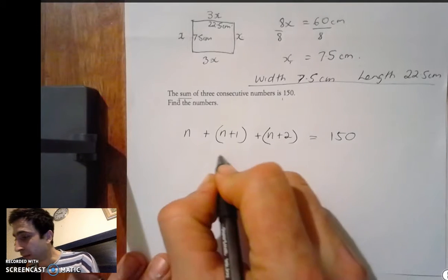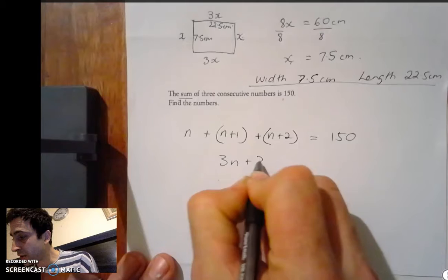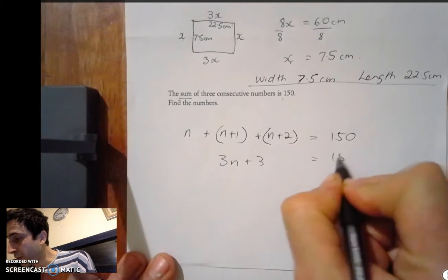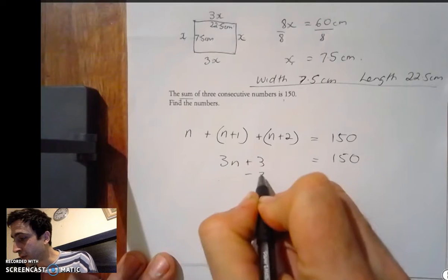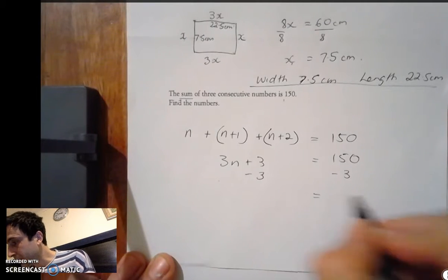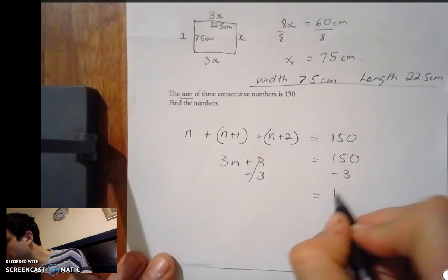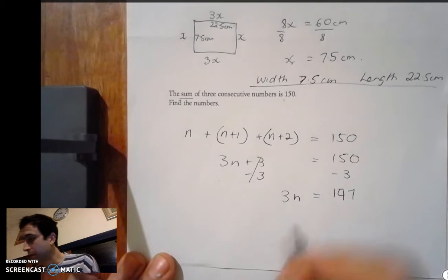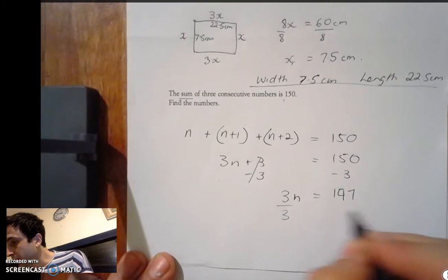And so that means 3n plus 3 equals 150. So I'll take 3, take 3, they cancel out. 147 equals 3n. Divide by 3.